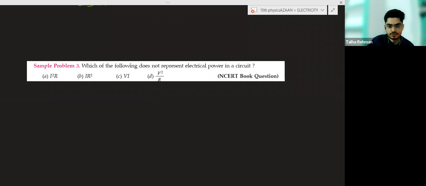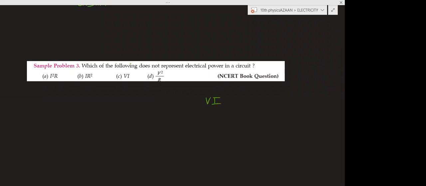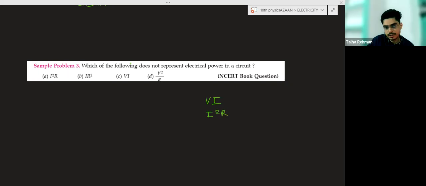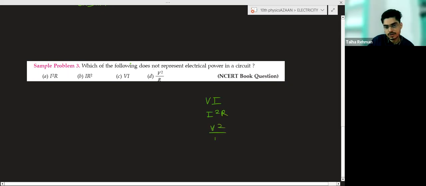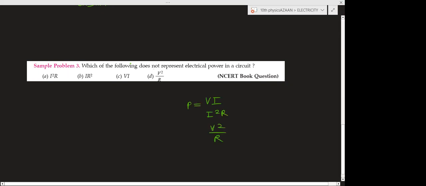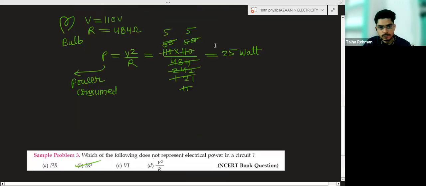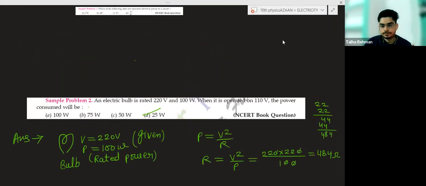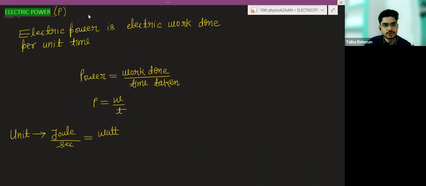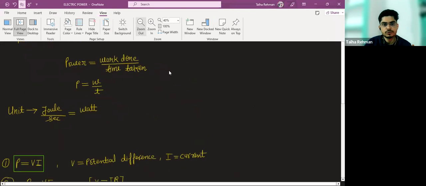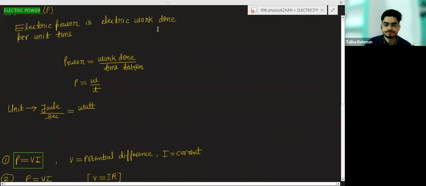VI, I square R, V square by R. Sir, IR square will be wrong. So this is the answer. Okay, so write down fast. Then we will move to energy.